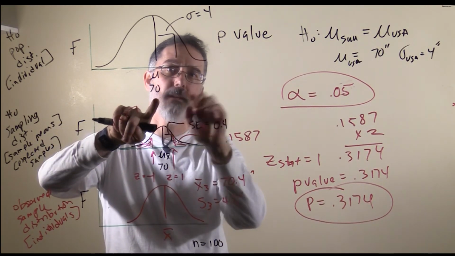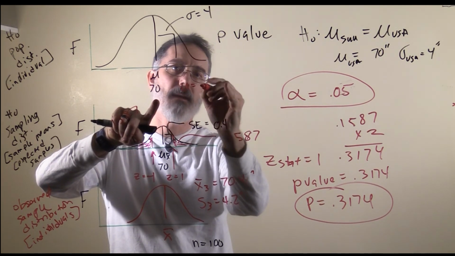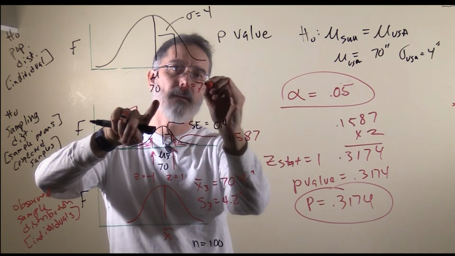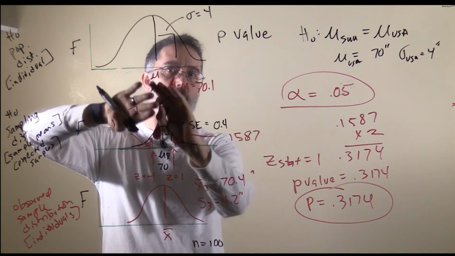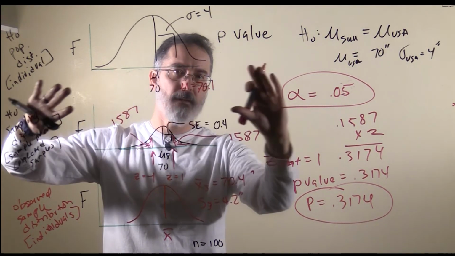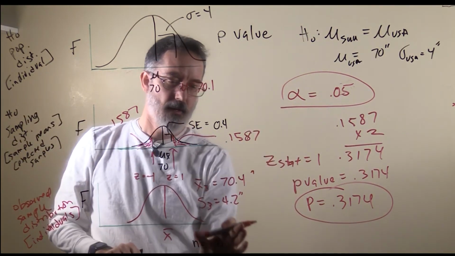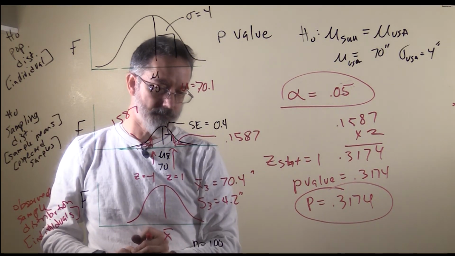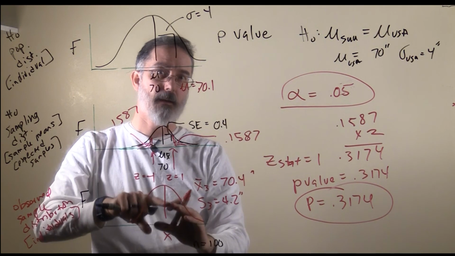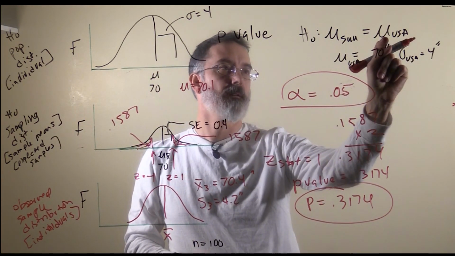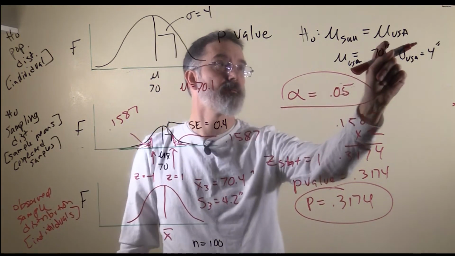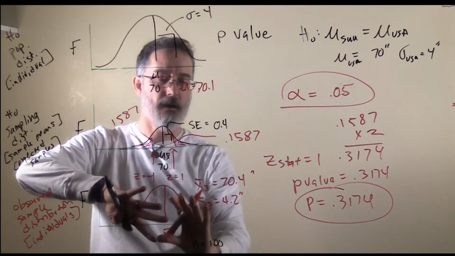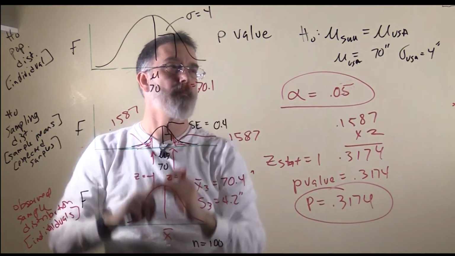It could have come from a slightly different one that had a mean of 70.1, right? Because that's not the same as 70. And there's an infinite number of population means our sample could have come from if it didn't come from this exact one. So we can't decide that this is where our sample came from because our results are consistent with a lot of different populations.